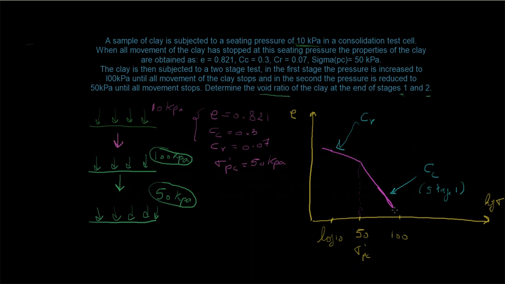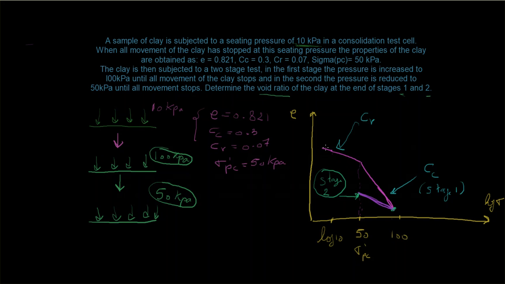Then once we get to 100, which is stage 1, we went back and reduced the load to 50. That would be stage 2. We were asked to find the void ratio at this point and the void ratio at this point. Clear?